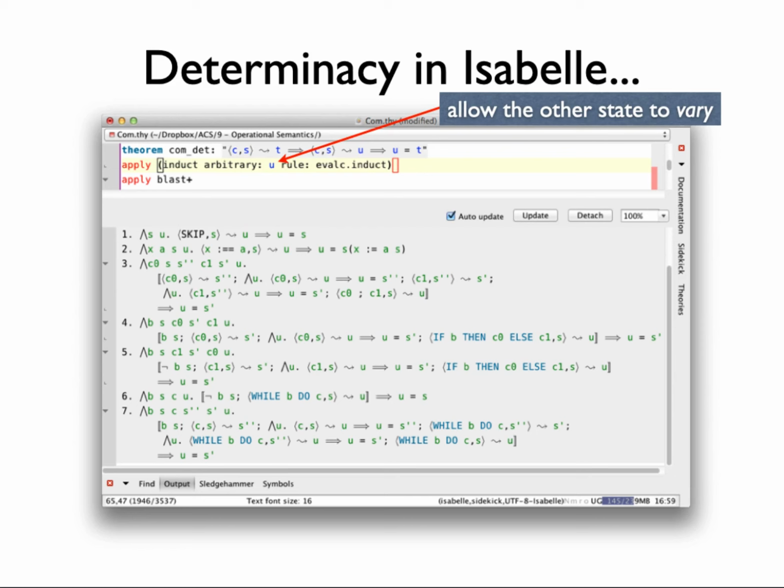So anyway, we type in the formula, we do our induction. We're of course doing induction on eval_c.induct, the induction rule that came from the inductive definition.